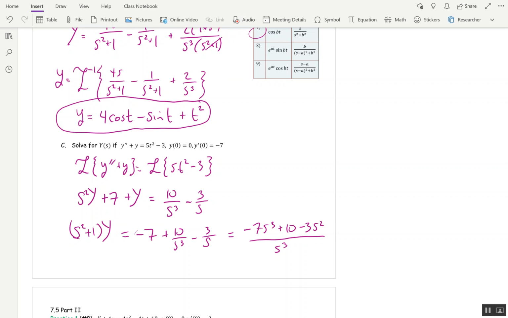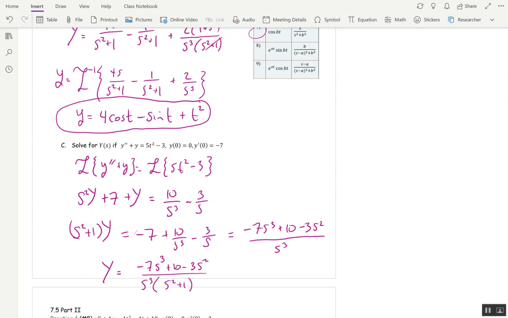Okay. Now, last step, big Y is negative 7s cubed plus 10 minus 3s squared over s cubed times s squared plus 1.